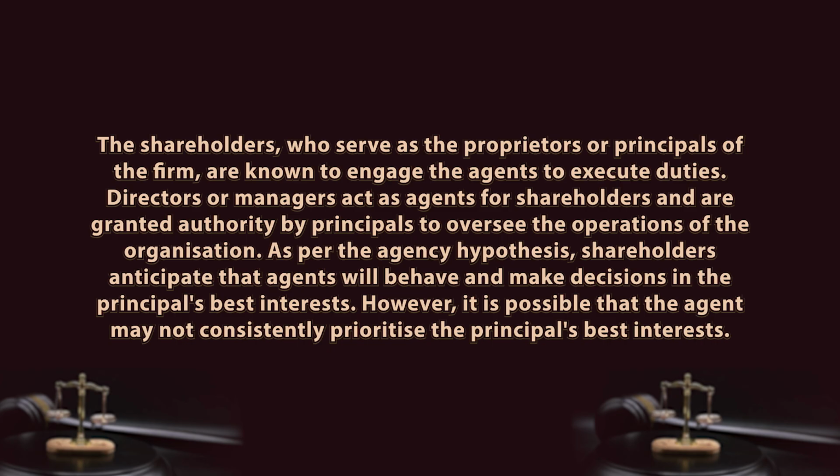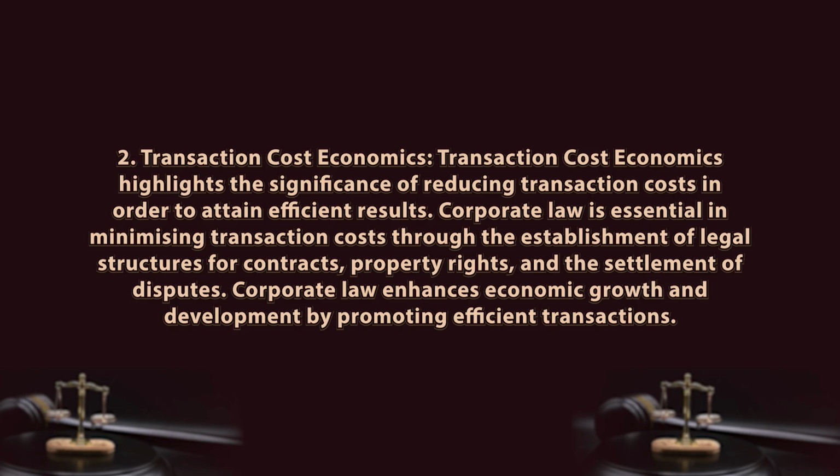As per the agency hypothesis, shareholders anticipate that agents will behave and make decisions in the principal's best interest. However, it is possible that the agent may not consistently prioritize the principal's best interest. Adam Smith recognized this issue in the 18th century, and Jensen and Meckling provided the initial comprehensive explanation of agency theory in 1976.